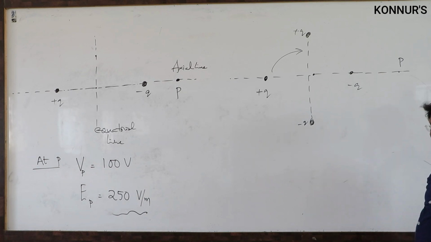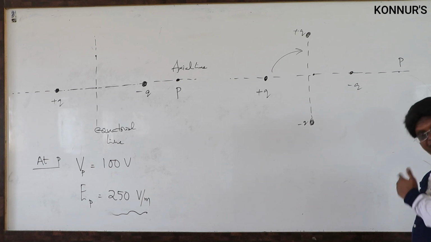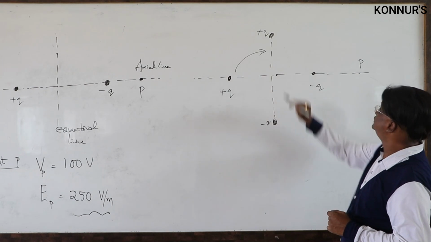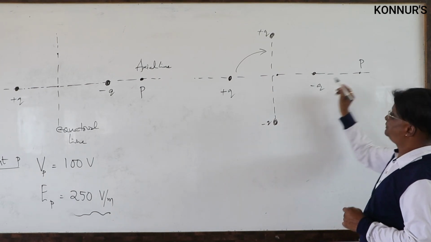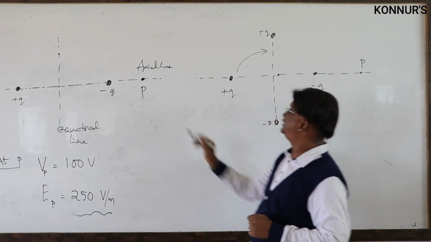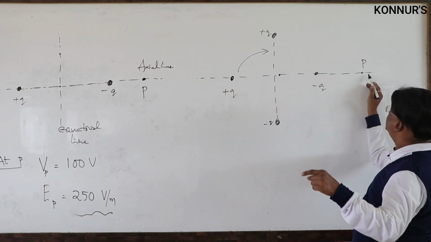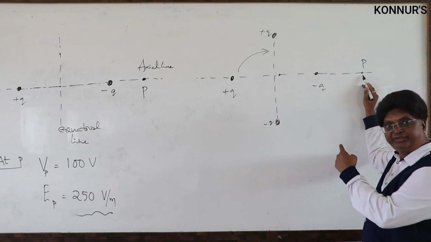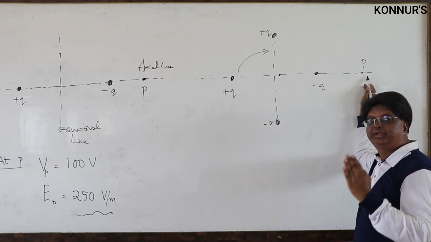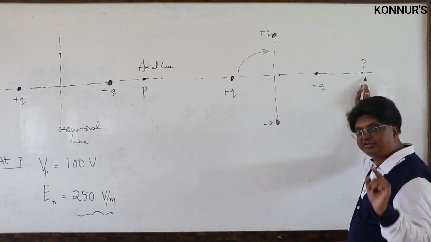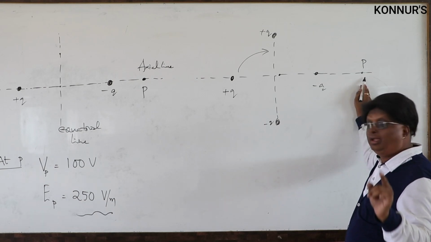What is the change that happened? Watch the figure carefully. After 90 degrees of rotation, the point P, which was earlier an axial point, is now on what was the axial line, which now becomes the equatorial line. Can you see that? Earlier axial line now becomes equatorial, for a rotation of 90 degrees.